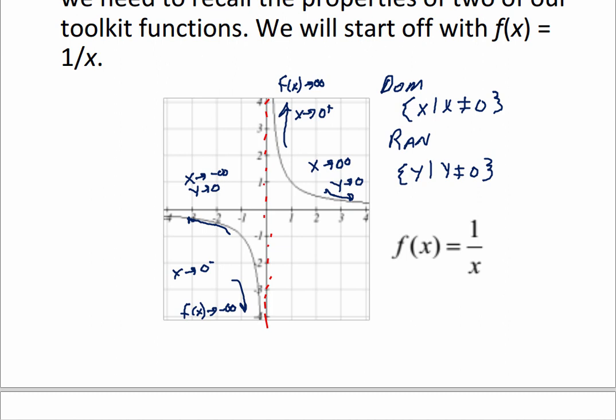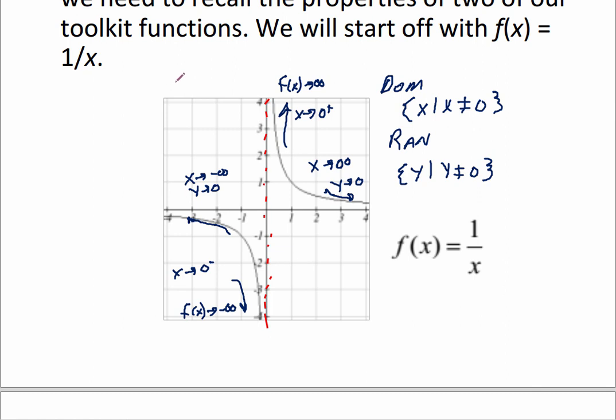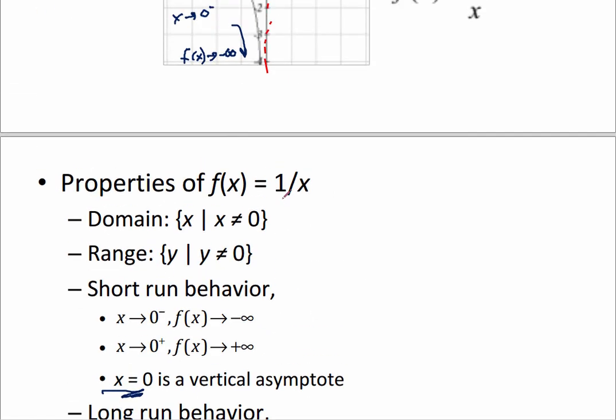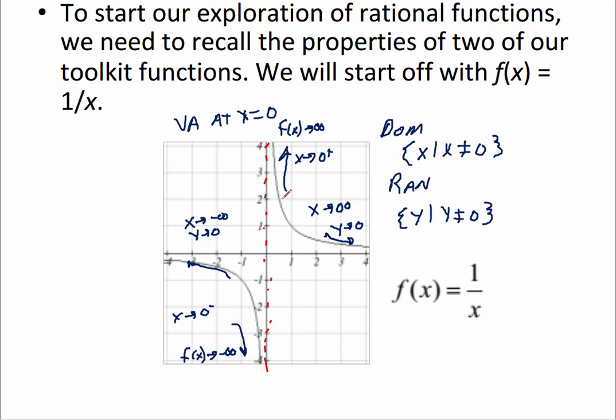So we have a vertical asymptote at x equals 0. That's the vertical line, x equals 0. So back here, that's exactly what we're saying, that the equation of that line, x equals 0, is a vertical asymptote.